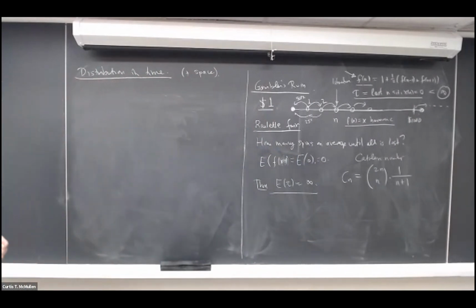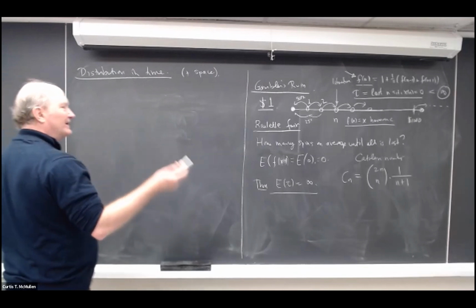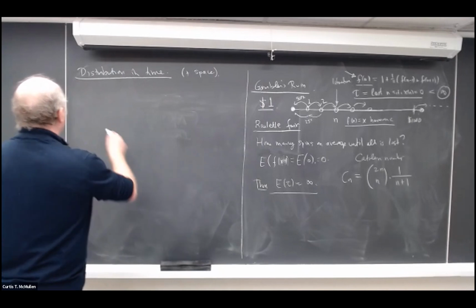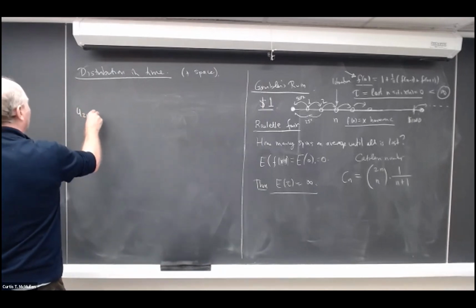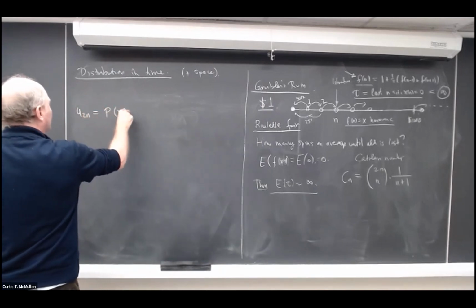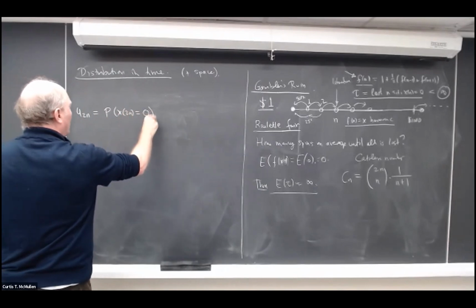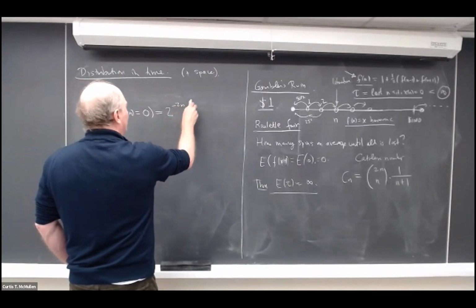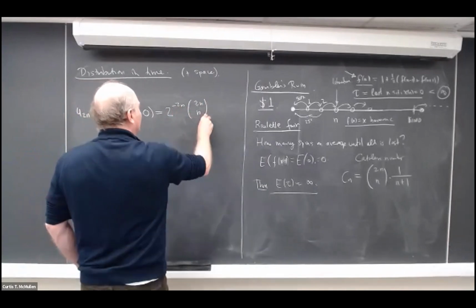So one of the most important numbers that comes up over and over again is the probability that in exactly 2n steps, you return to the origin. So U2n is the probability that x of 2n is equal to 0. And we know this exactly. It's 2 to the minus 2n times 2n choose n.